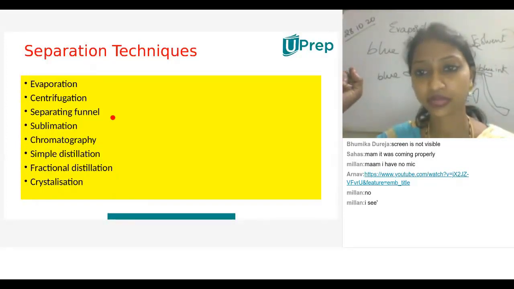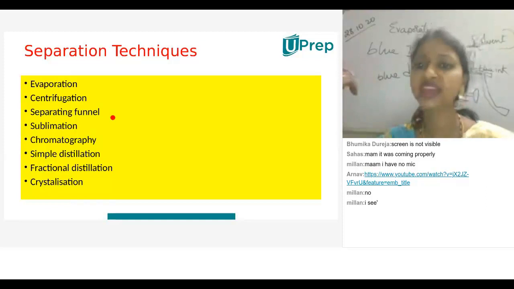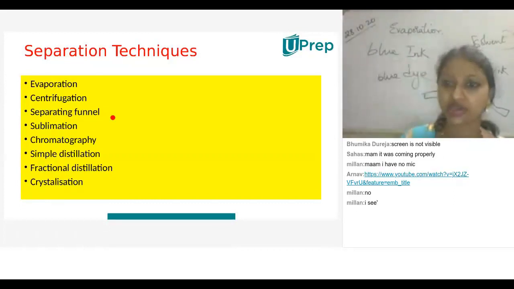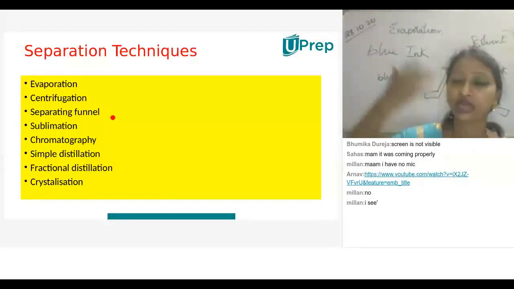Understood, children? Ma'am, this process is also used in blood tests. Even in the diagnosis center, if there are any impurities in the blood sample taken, first they go with centrifugation. After rapid rotations, within 1 minute it rotates about 6,000 times, that fast.